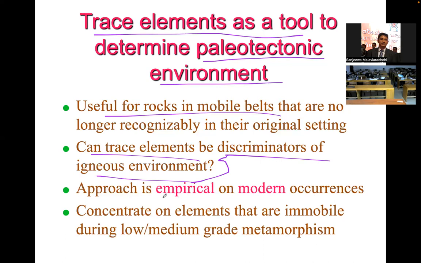Actually, what is an empirical approach? You have many things: hypothetical approaches, experimental approaches, and empirical approaches. So what are the hypothetical approaches? You just have some assumptions, and then you build up some hypothesis and make some theories or some interpretations based on that.